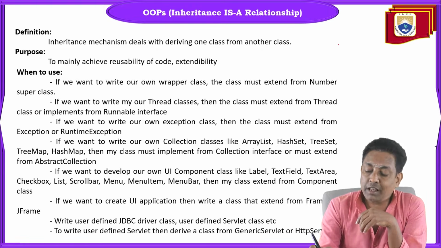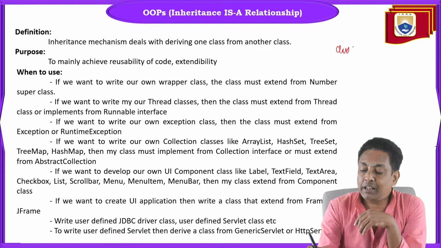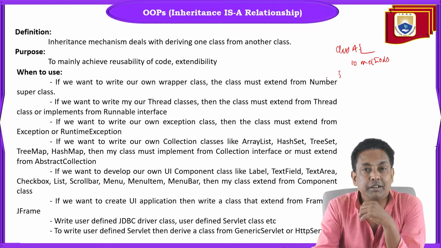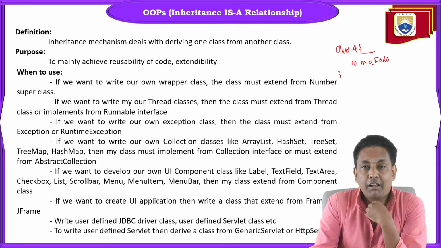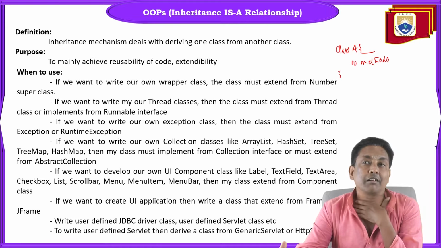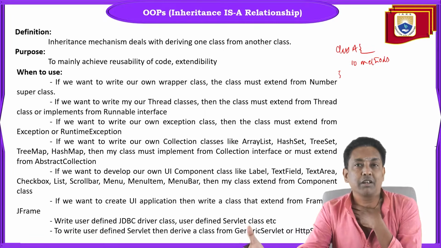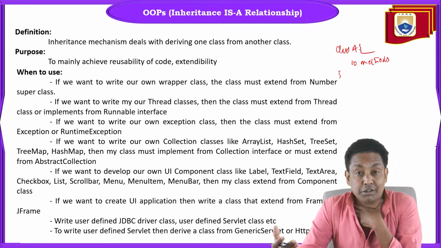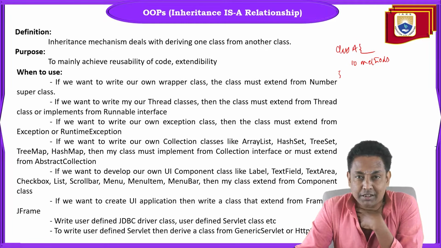One is, for example, if class A is already having 10 methods, which were written a couple of months or years ago, and we want to add some extra methods to the existing methods of class A.